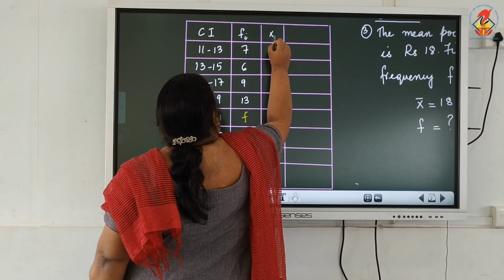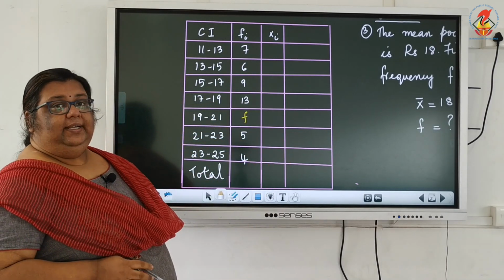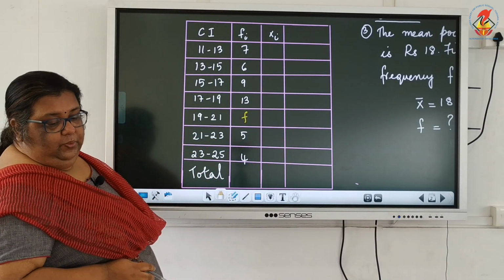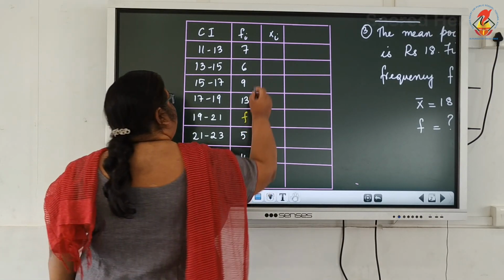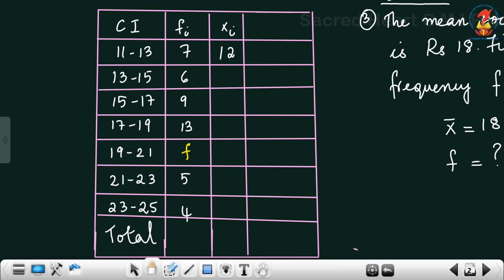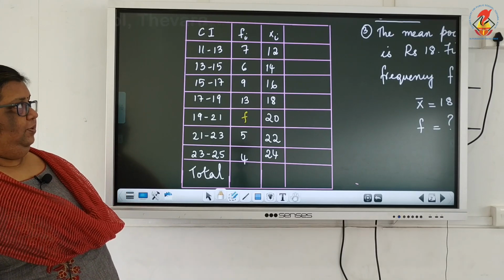Using the formula: upper limit plus lower limit by 2. 11 plus 13, 24 by 2, which is equal to 12. Then 14, 16, 18, 20, 22 and 24 will be the mid values.